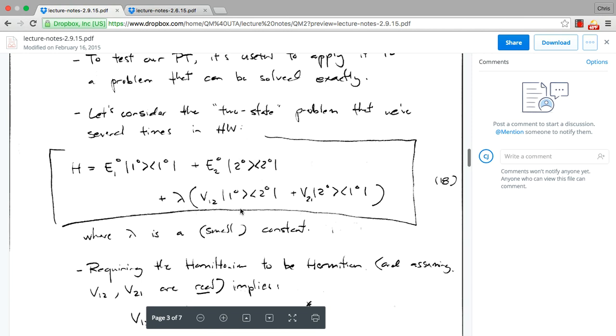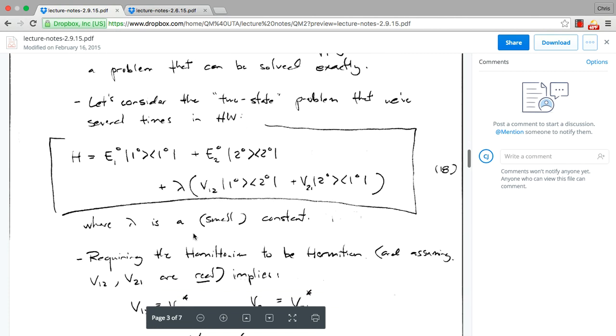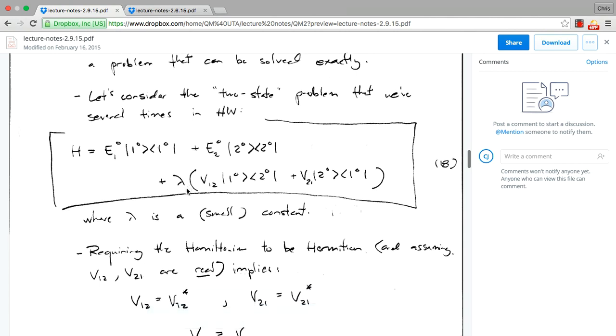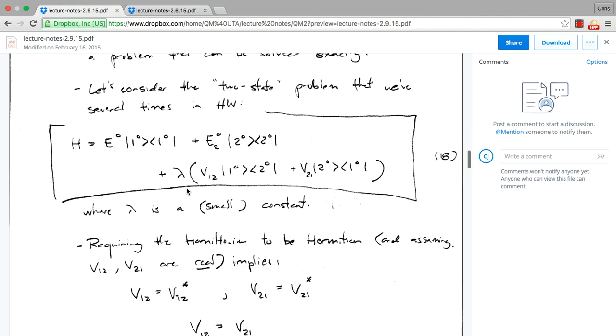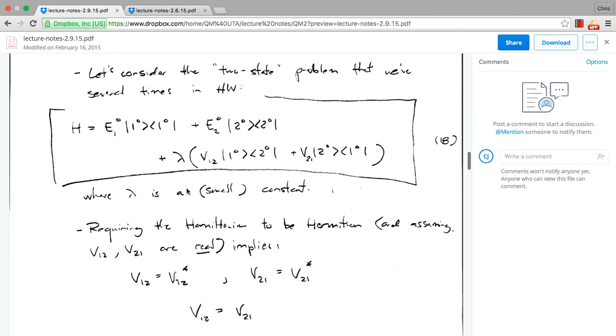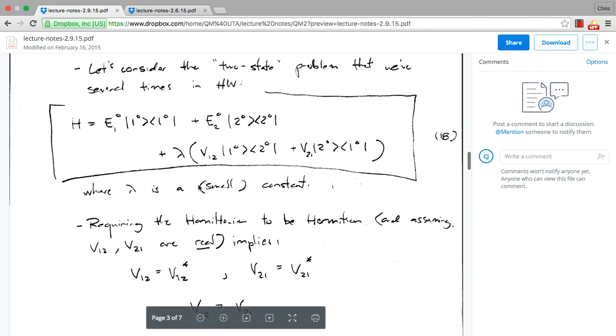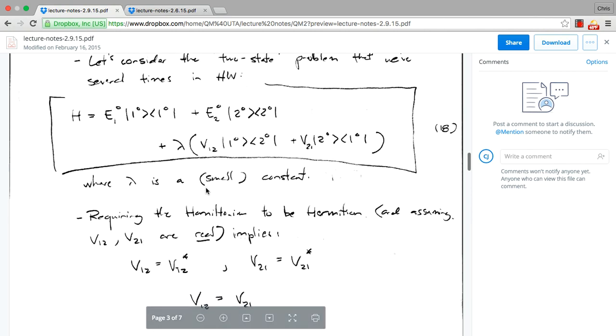And then we've got two off-diagonal terms, and they can each have their own different coefficient. Here I'm calling this guy V12 and this guy V21. And I've introduced a small constant here, lambda, that we're going to expand in. It's going to be our perturbative constant, our expansion coefficient, and the assumption here is that this guy is small.